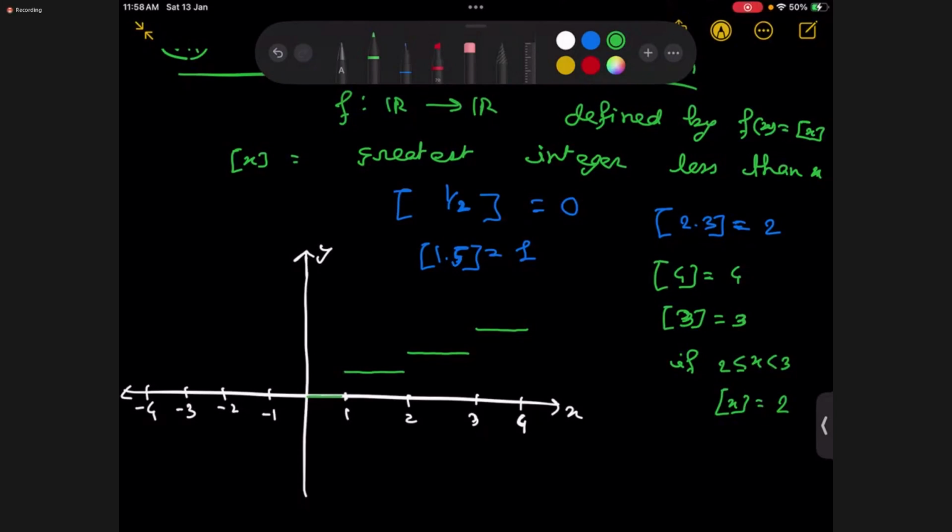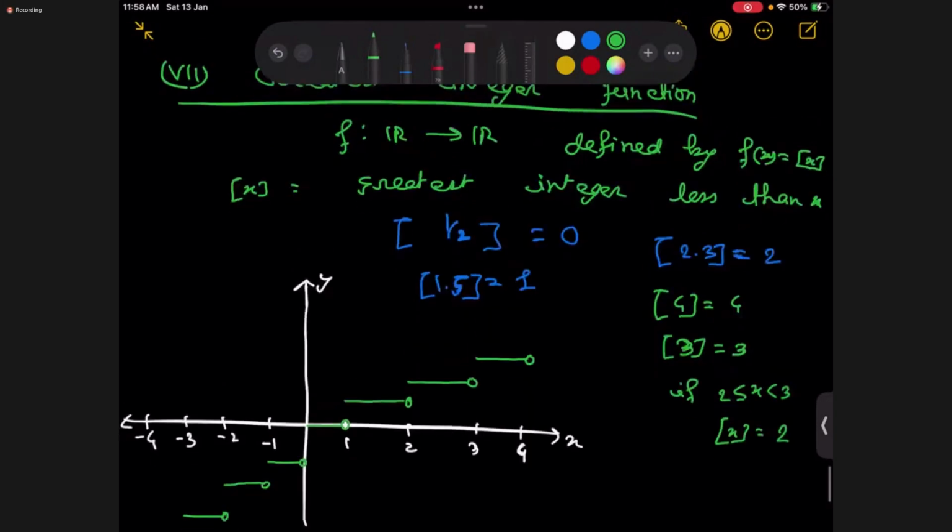This hole means we are not including that point. That is open. Right? So thus we can define the graph of the greatest integer function.